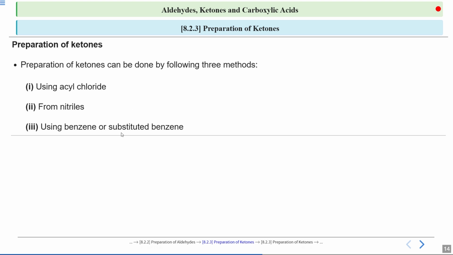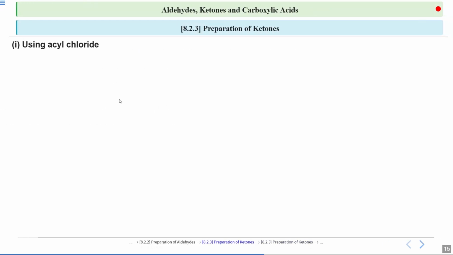It happens by a process called Friedel-Crafts acylation. This involves reacting benzene with an acyl chloride in the presence of a catalyst like aluminum chloride. First we will start with acyl chloride. Now one by one we will discuss all these three methods.